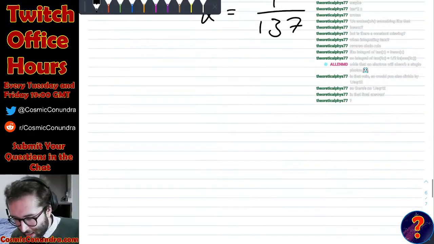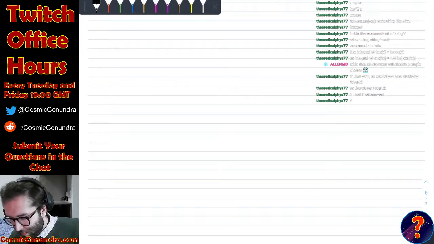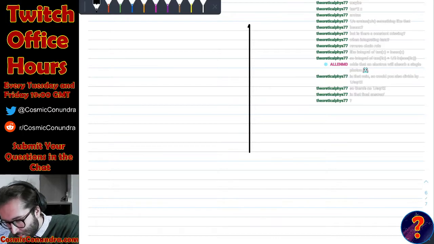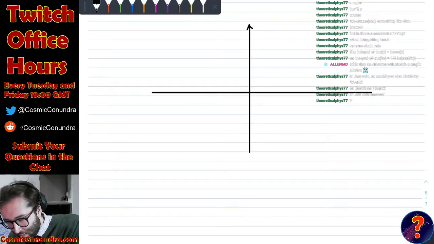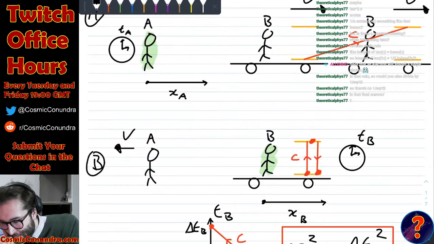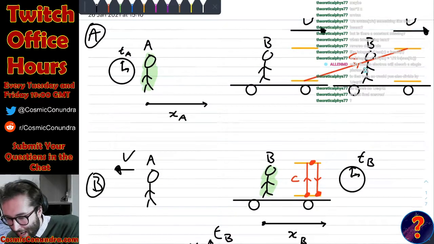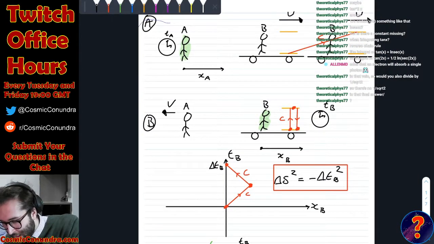So let's try and derive it using space-time diagrams again. Let's consider the same setup we had before. Let's remind ourselves, where perhaps now instead of a light clock, we consider a rod lying on this train.